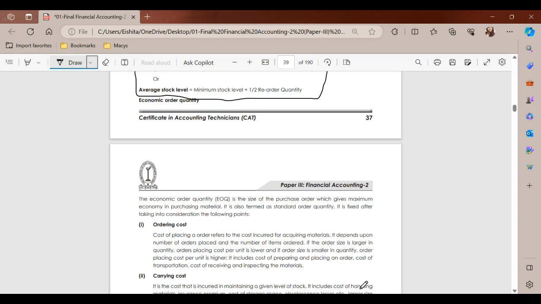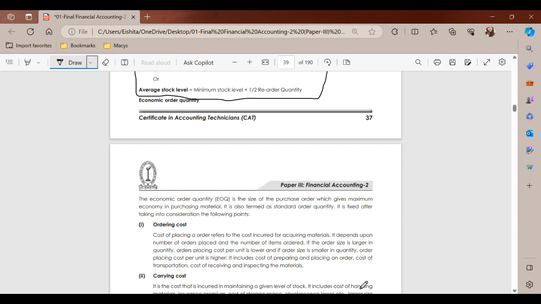One is the ordering cost and one is the carrying cost. The economic order quantity is the size of purchase order which gives maximum economy in purchasing of material. It is also termed as standard order quantity. Okay. It is fixed after taking into consideration the following points.